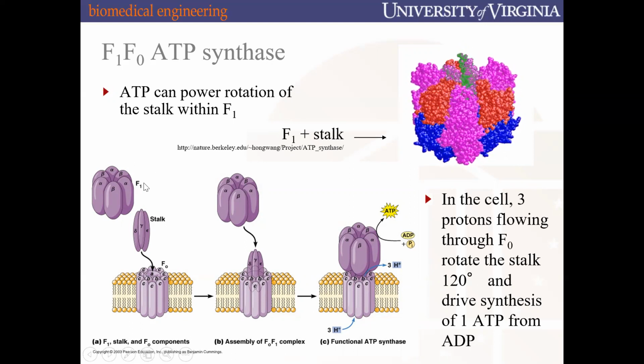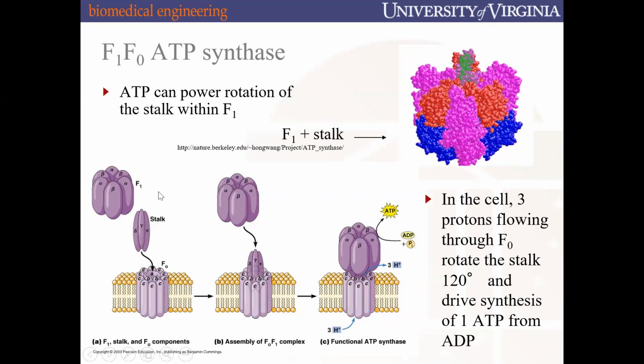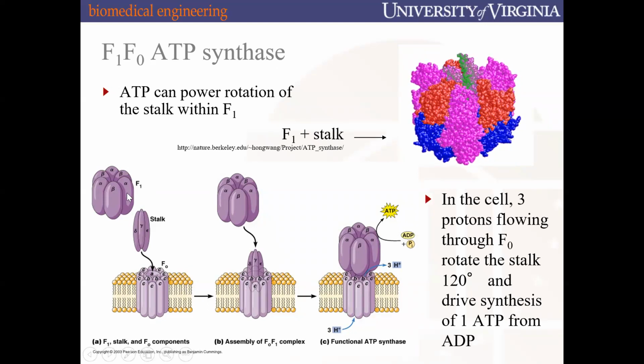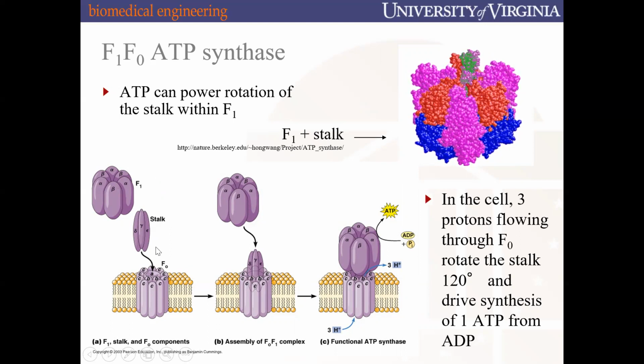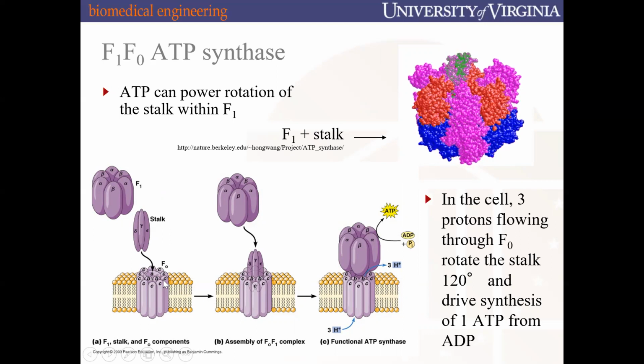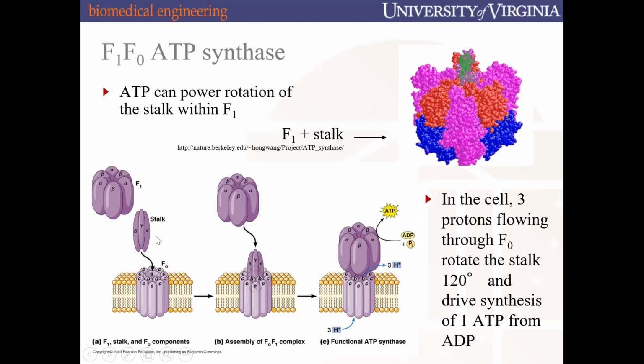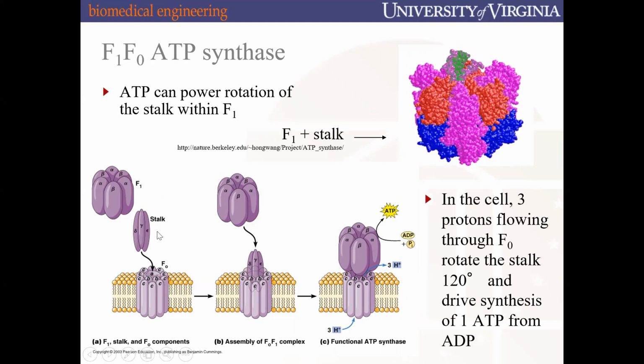This is F1, F0 ATP synthase. And it's divided into 2 different compartments. So first, this F1 multi-subunit protein. And then this core here is F0, which is embedded within the membrane. And then you also see this stalk, which connects these 2 compartments, F1 and F0.